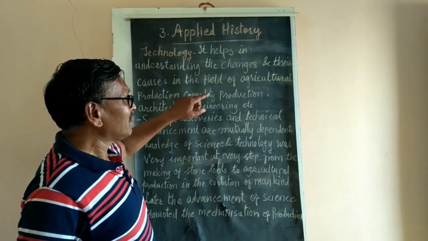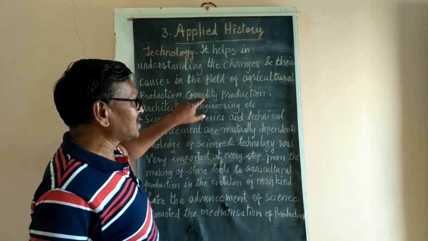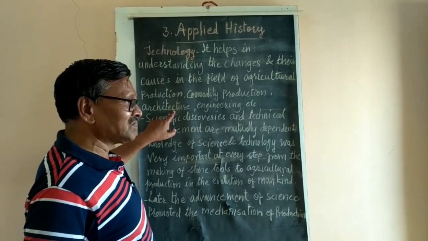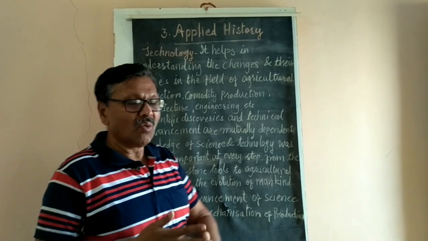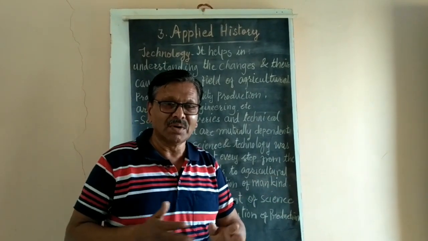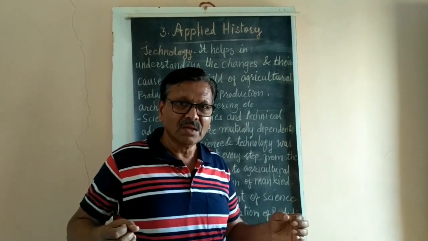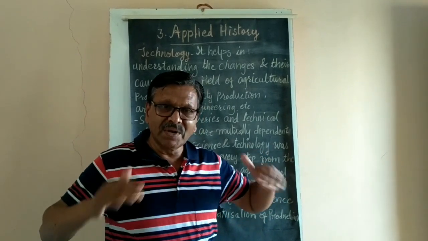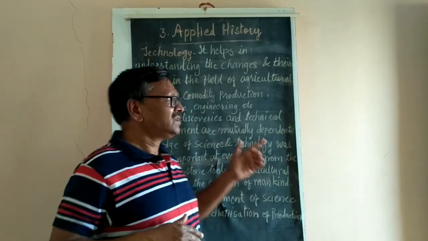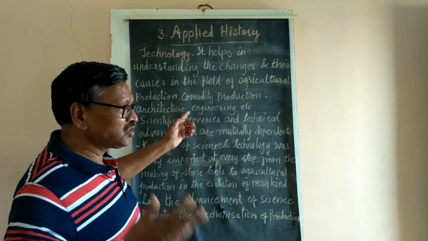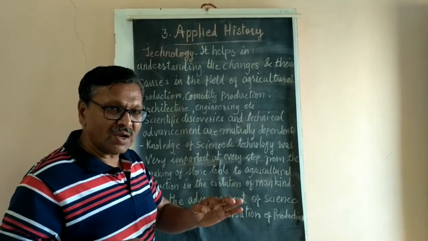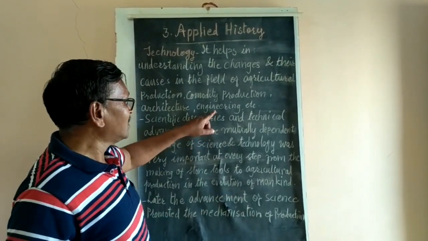So in this way, production of agriculture, production of commodity, architectural production. There are quite many varieties of architectural sites, buildings, bridges, where this production has to have good quality and also increase.